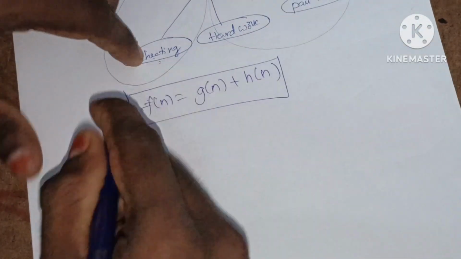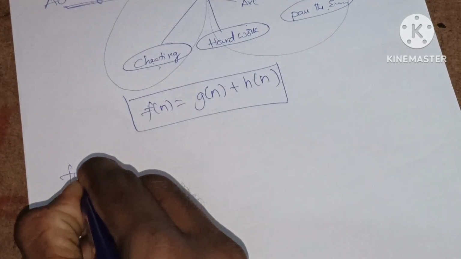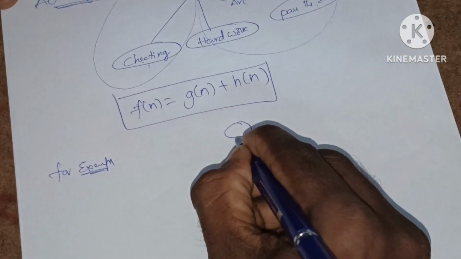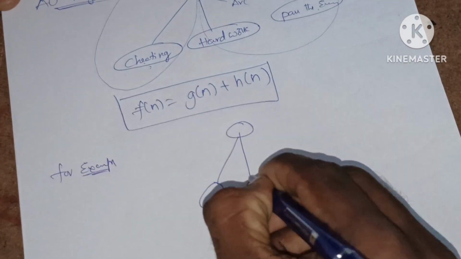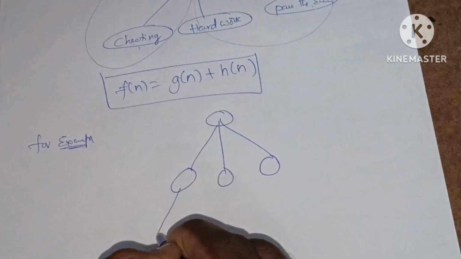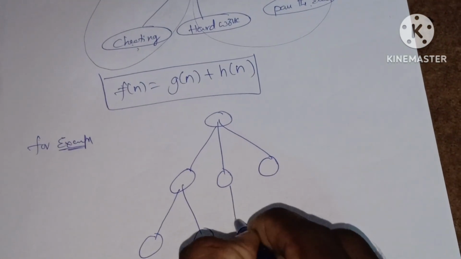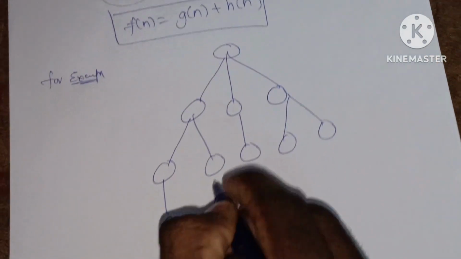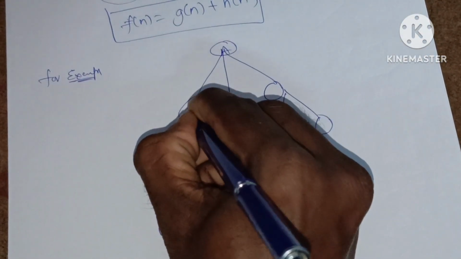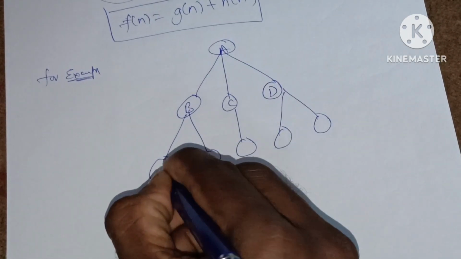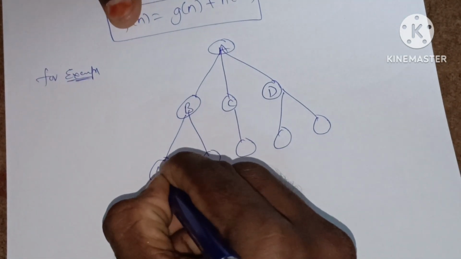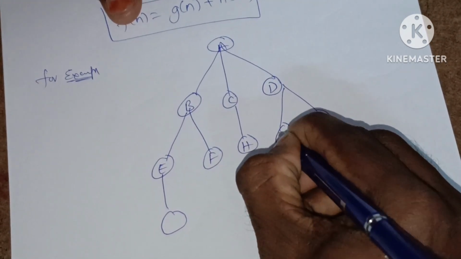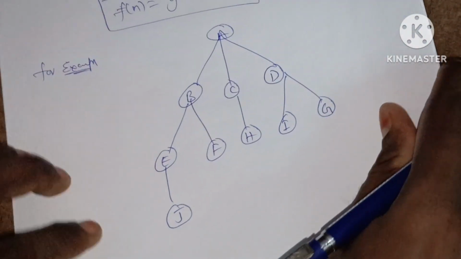Okay. So for example, check this small example. A, B, C, D, E, F, G, H, I, J. Is it clear? Okay.